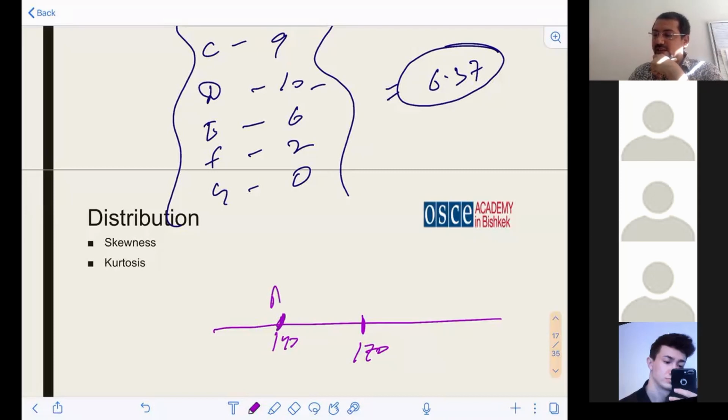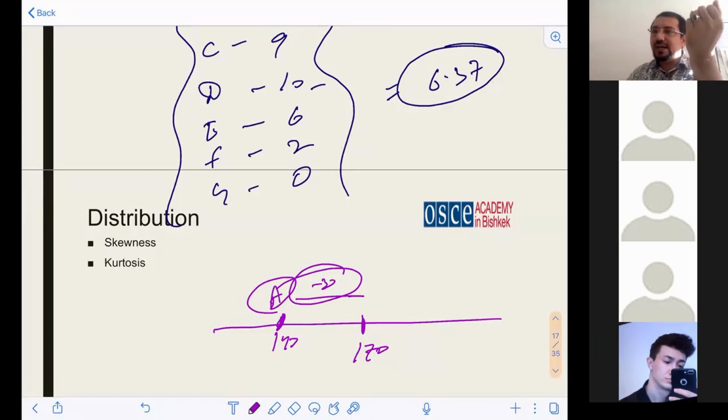Student A. So how far is he from the average? Minus 30. So can his height be in minus? Now, simple question. Height cannot be in minus. Yes, he's far by this difference.